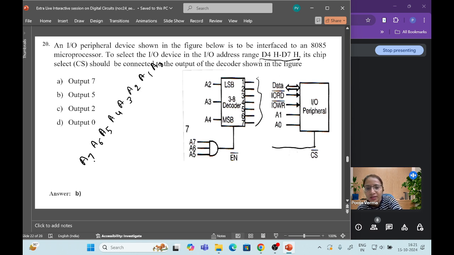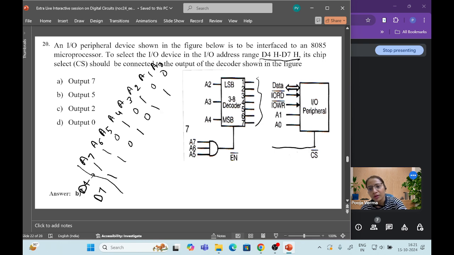So address D4 means D is 13, right? 1, 1, 0, 1, and 4 is 0, 1, 0, 0. So it is the representation of D4. Now the next range is D7. So D7 is 1, 1, 0, 1, 0, 1, 1, 1, right?